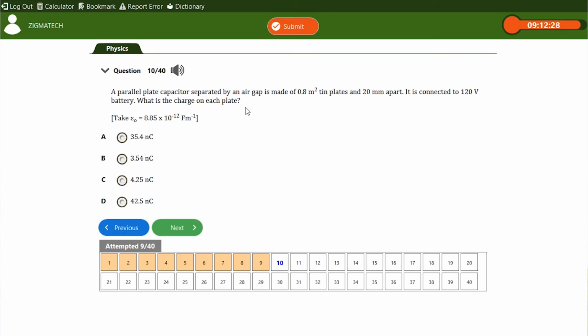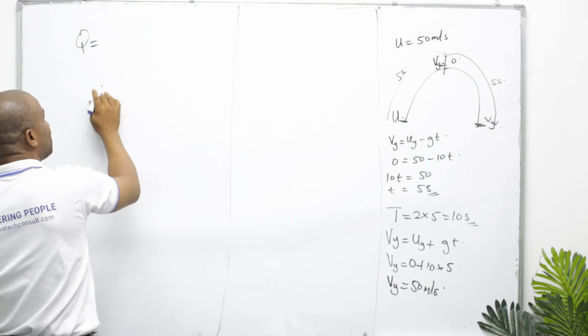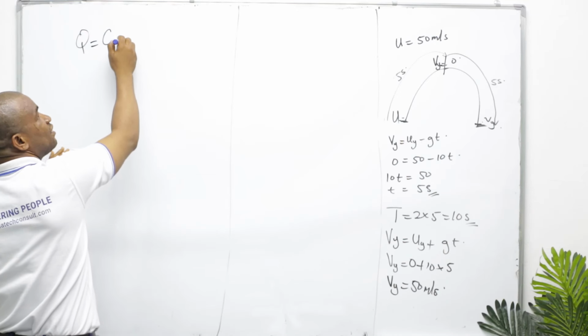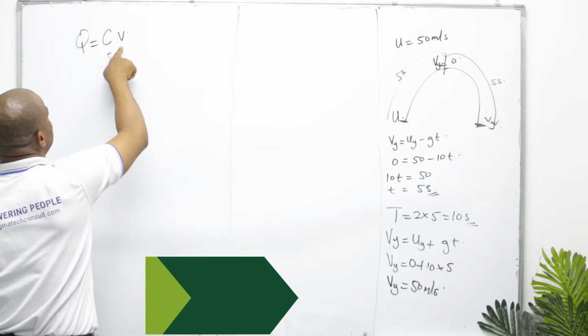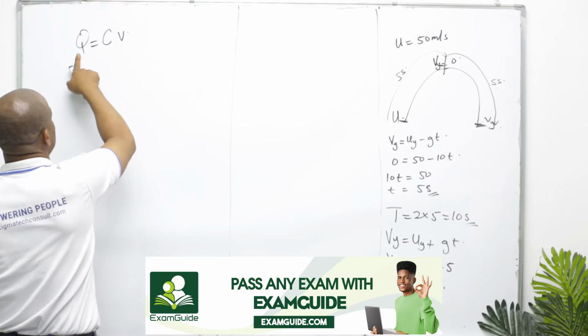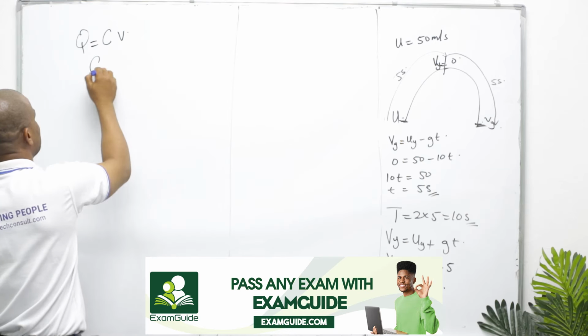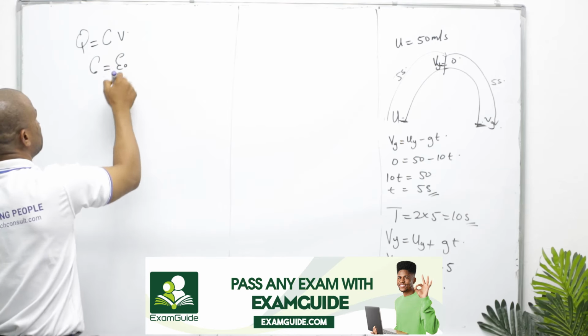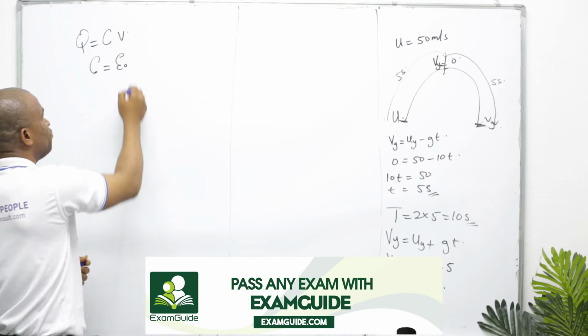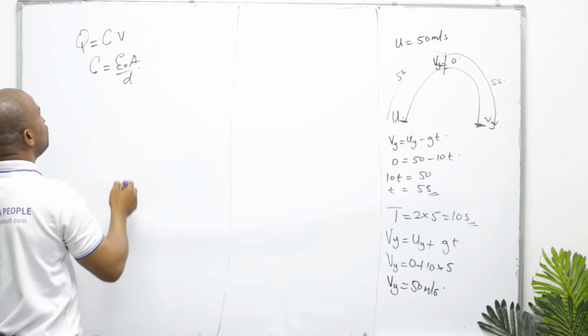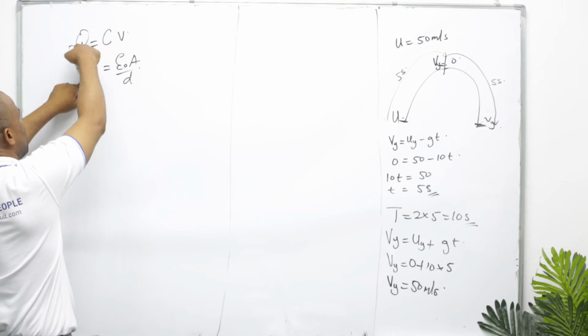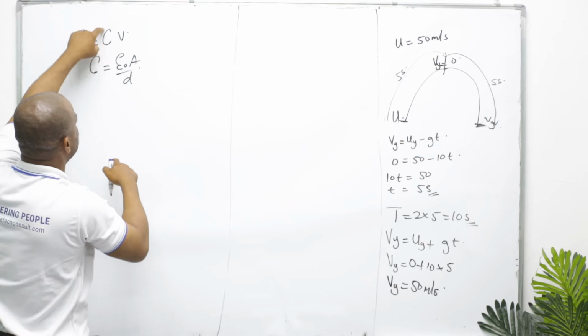A capacitor normally has quantity of charge given as C times V. This is the voltage, this is the quantity of charge, and this is the C, which is the capacitance. But this capacitance can also be given as the permittivity of free space multiplied by area divided by D. So I need C before I can find Q, because I have to substitute this value into this.